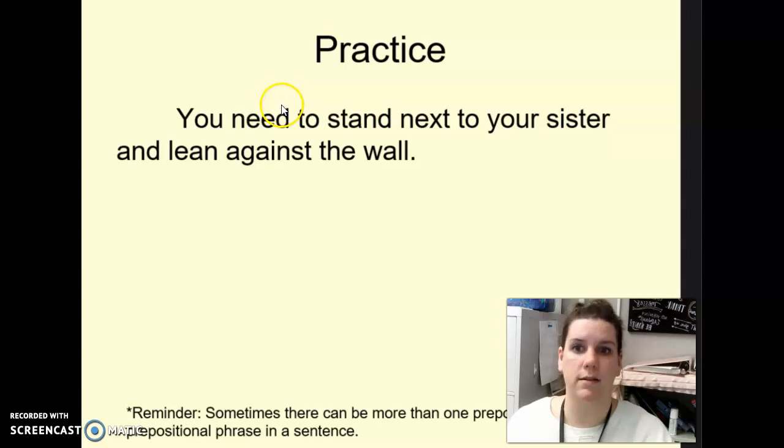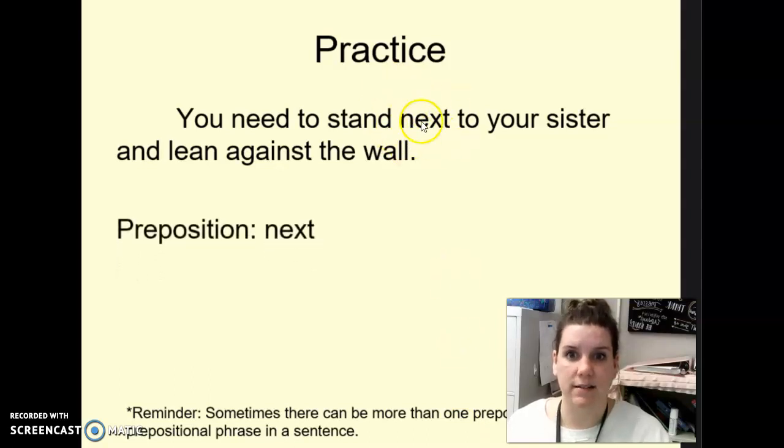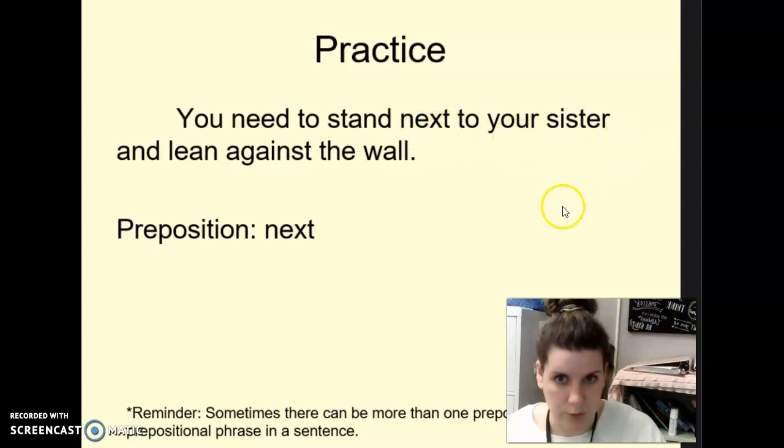You're standing next to your sister. So your preposition is going to be next. Stand can't be your preposition because it's a verb. It's what you're doing. So we have next. Your prepositional phrase is everything that comes after it. It's not going to be next to your sister and lean against the wall. It's just going to be next to your sister.